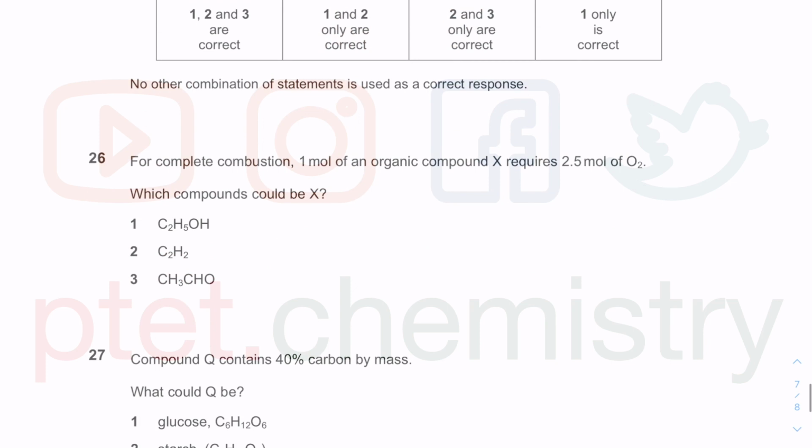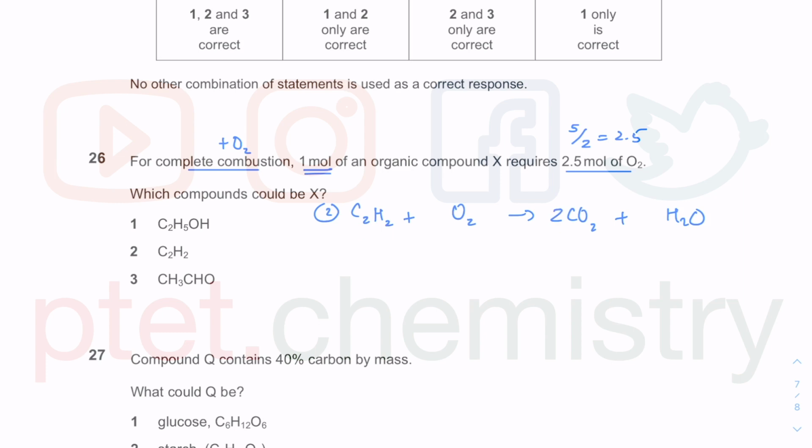Anyway, let's check this. They say for complete combustion, so this is plus oxygen, 1 mole requires 2.5 mole of O2. 2.5 mole is actually 5 over 2. So you can use fraction, it's the same as 2.5. Let's check number 2 first. So number 2 is C2H2 plus O2. It will give us CO2 and H2O. So balancing equation, 2 carbon, so 2 carbon there.